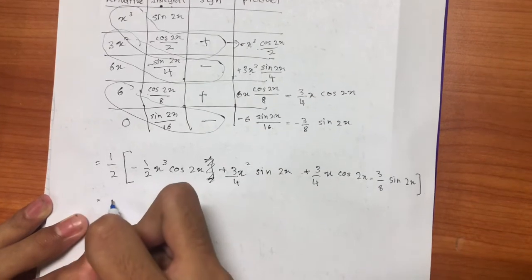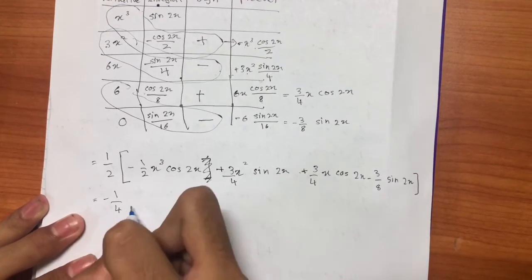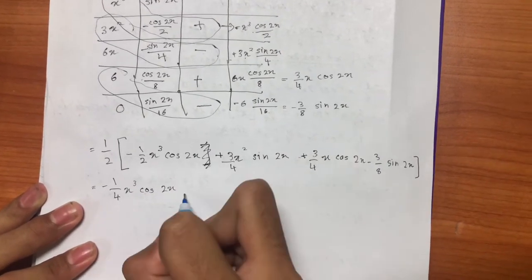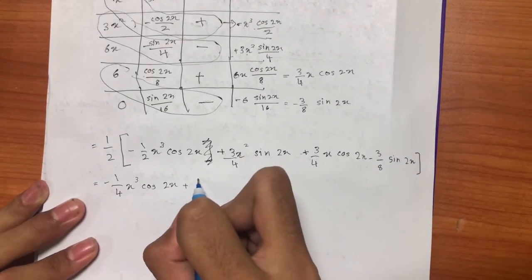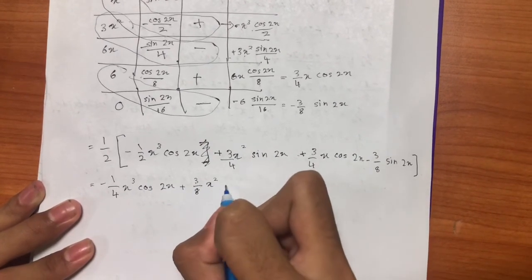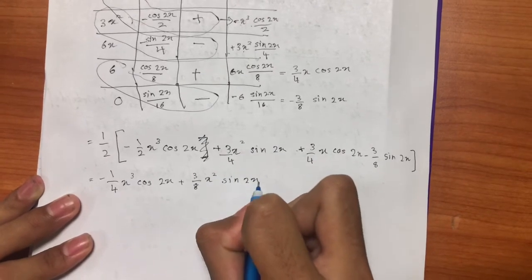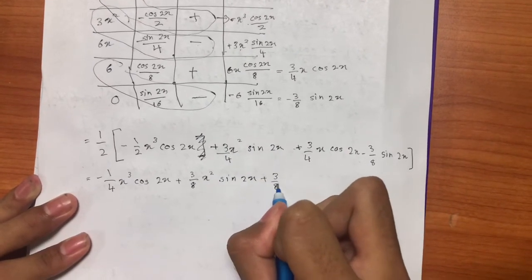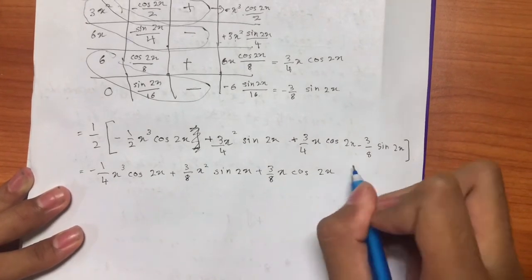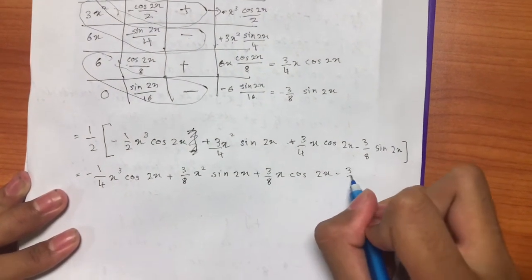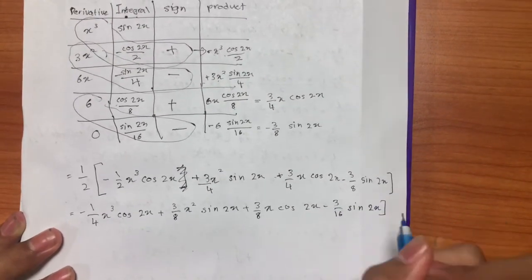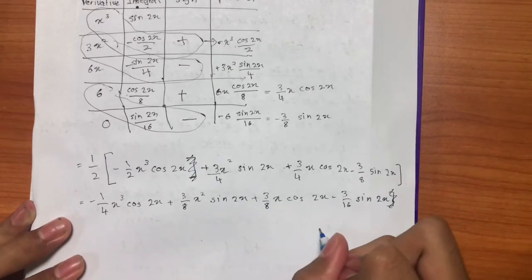So we can simplify it as 1 over 4 x cubed cos 2x plus 3 over 8 x squared sin 2x plus 3 over 8 x cos 2x minus 3 over 16 sin 2x. So this is the answer.